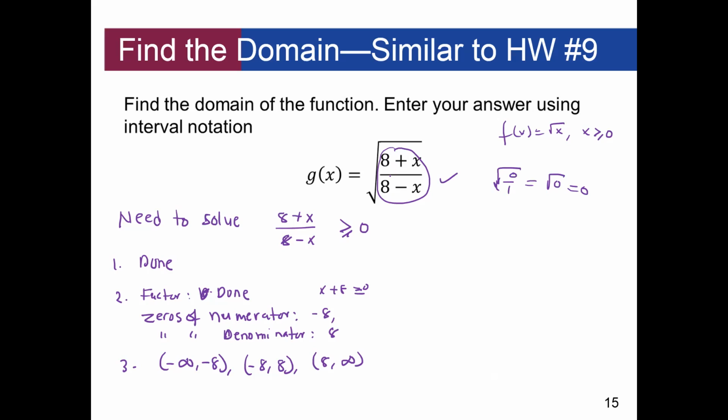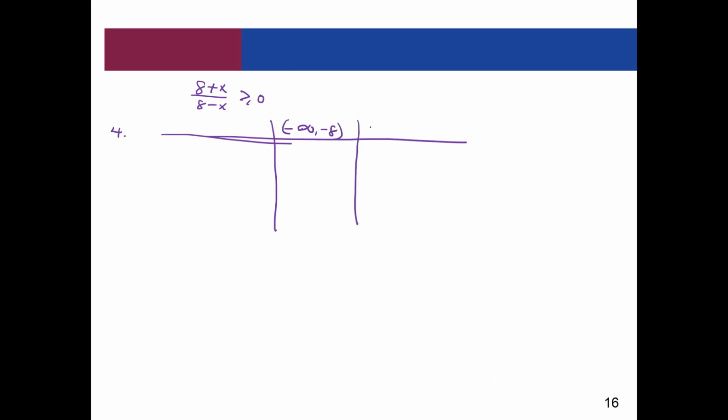Now we're going to go to step 4. But let me write the inequality here: (8 plus x) over (8 minus x) greater than or equal to 0. So we do step 4, we do our table. We have the intervals from -infinity to -8, which is one of them, the second one from -8 to +8, and the third one from 8 to +infinity.